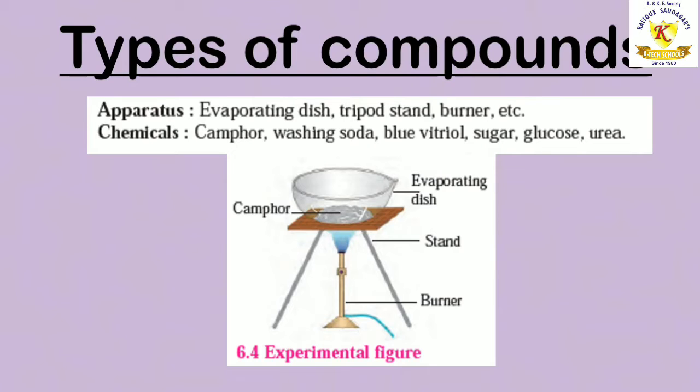Now, keep the evaporating dish on the tripod stand as shown in the figure. Take some camphor in the evaporating dish. Heat the camphor in the dish strongly with the help of a burner. Find out what remains behind in the evaporating dish.